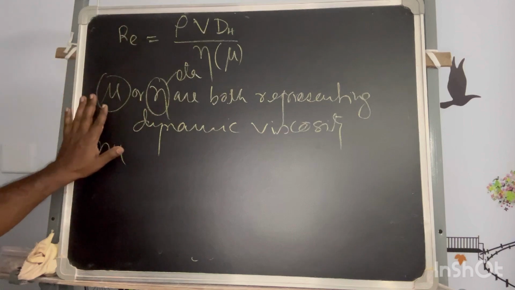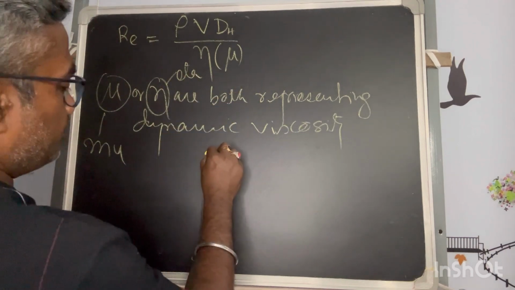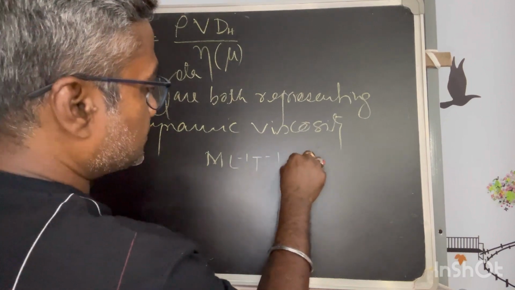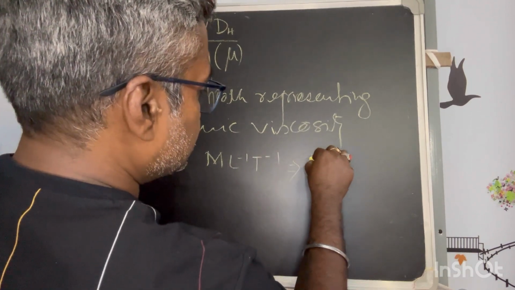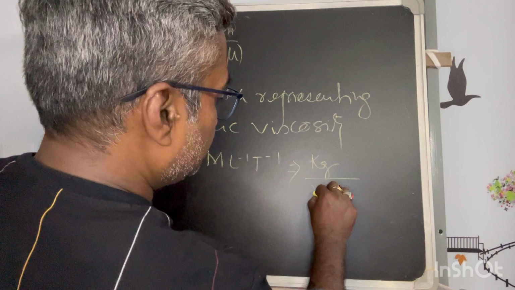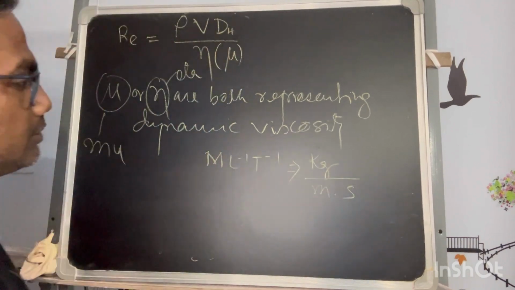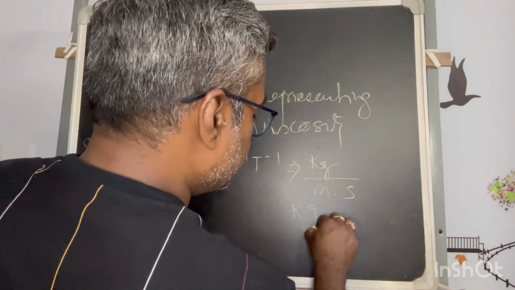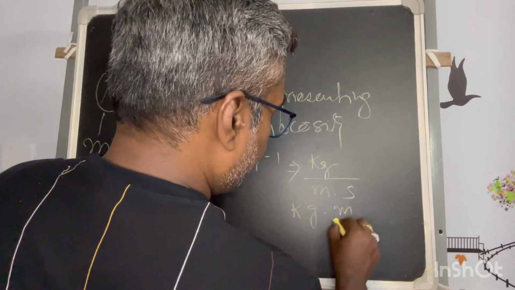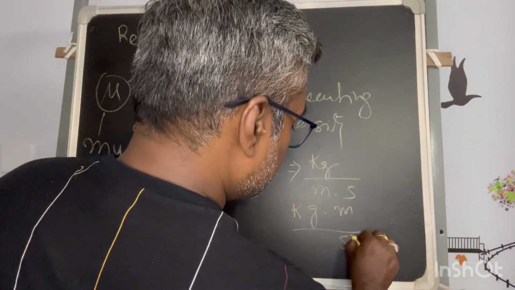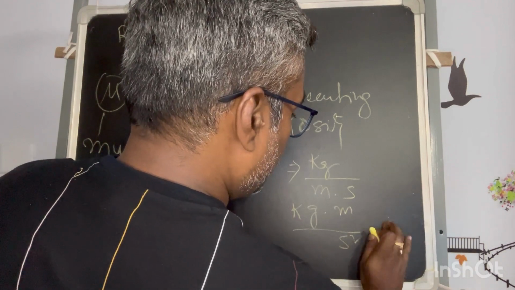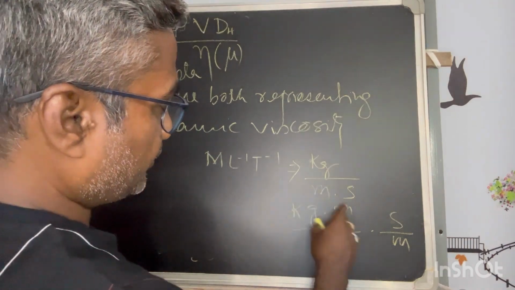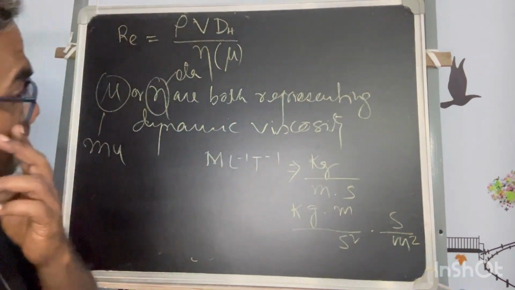So both are the same thing, and you know the unit of measurement is M L to the minus 1 T to the minus 1. In SI units, it is kg per meter second. We already derived this, but again I am deriving it: kg, if I multiply with meter and with second squared, and as I brought it here, second will be there, meter will again be there, so it will nullify, or sorry, meter squared. So this will be the case.